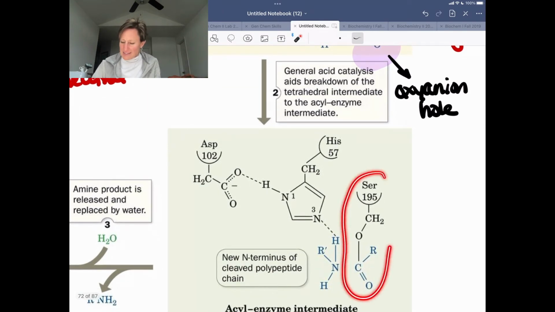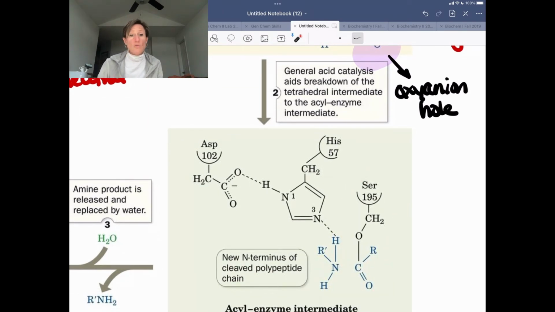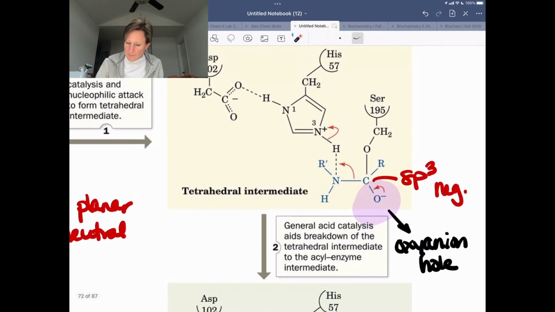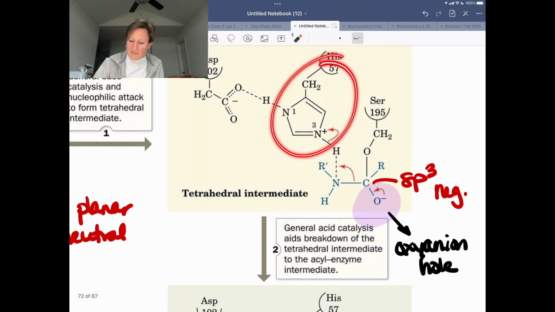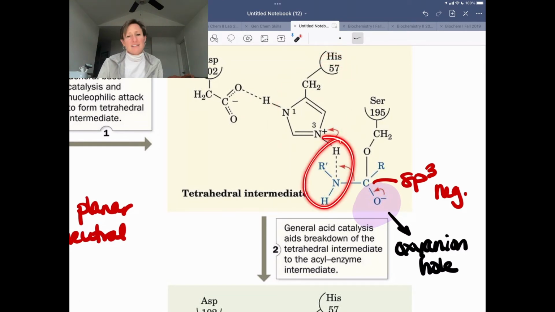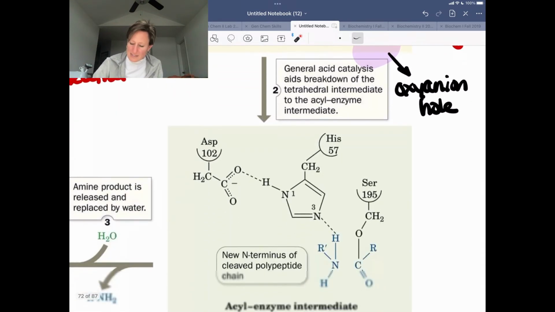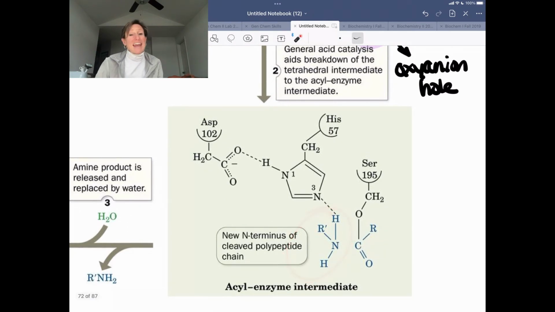Remember, we said that that serine is going to be connected to our substrate. So we've got an acyl enzyme intermediate. This is again facilitated by general acid catalysis by histidine 57. Here we've got histidine 57 now acting as a general acid catalyst to protonate that N-terminal peptide and make it a better leaving group.